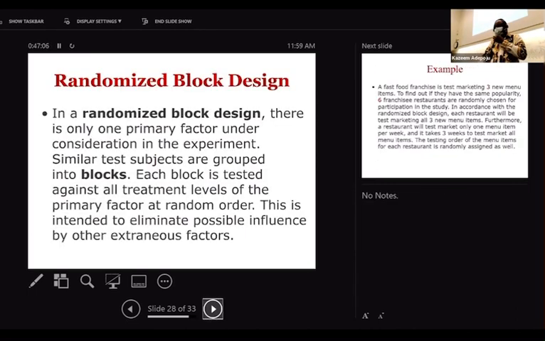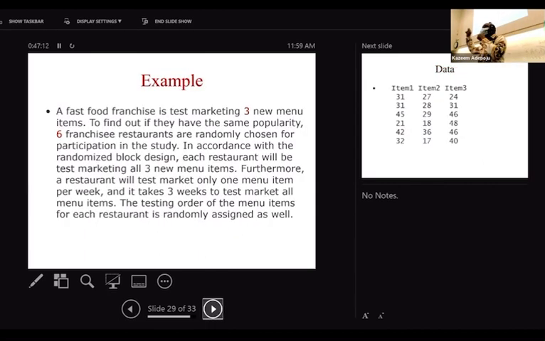Now, I've talked about randomized complete block design the other time, and I remember I put this very example. You're going to love this example a lot. For instance, a particular restaurant is comparing 3 menu items, but they have 6 franchises.